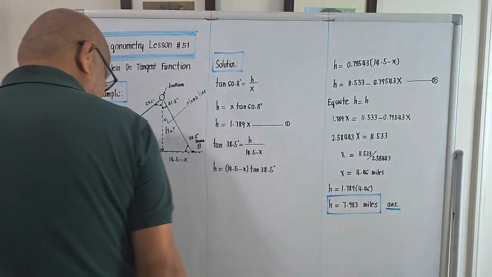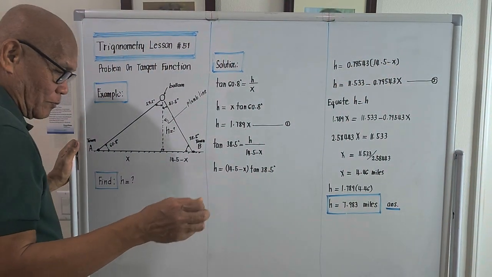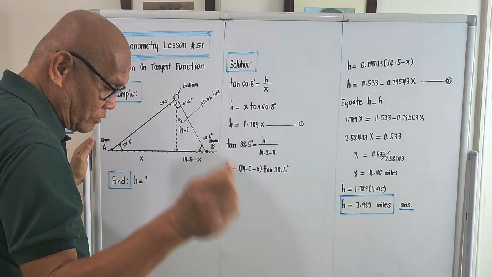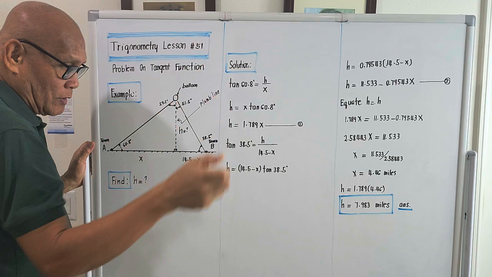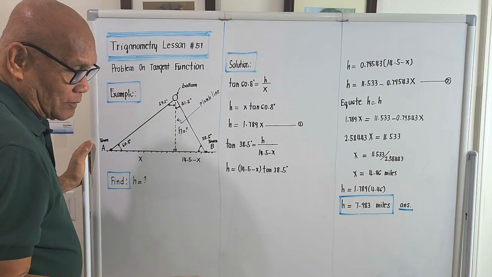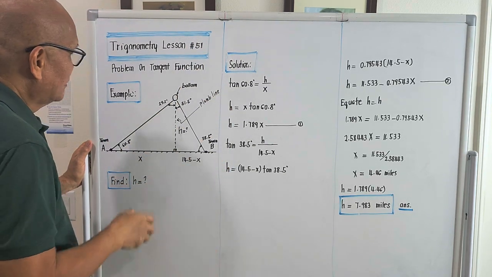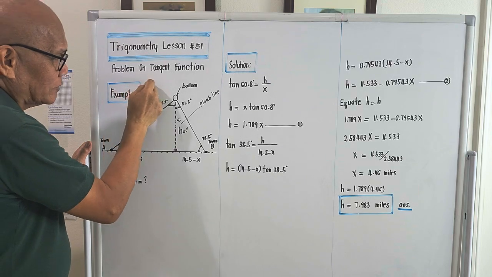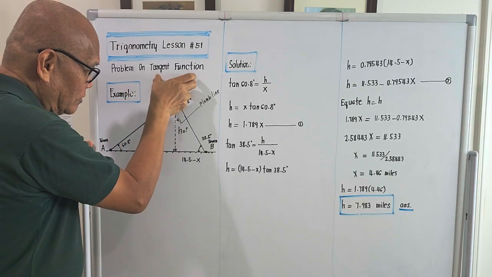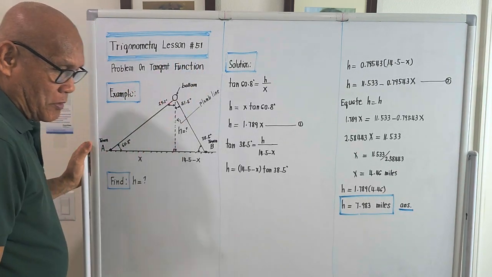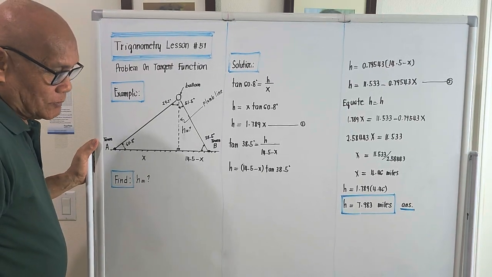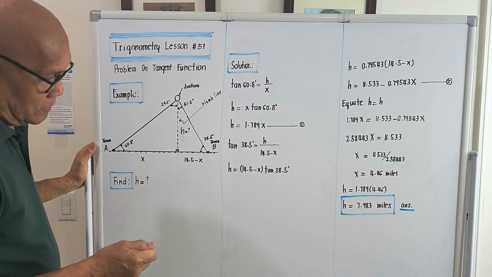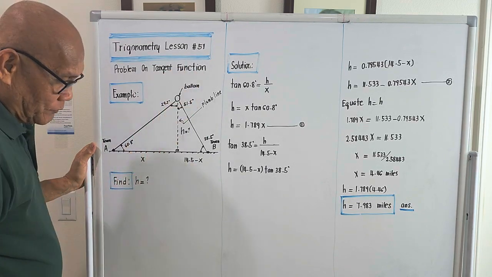The subject matter for this morning is a continuation of my long video format on trigonometry. This is lesson number 51, and the coverage will be a problem on the so-called tangent function. I will give you an example problem using the tangent function.